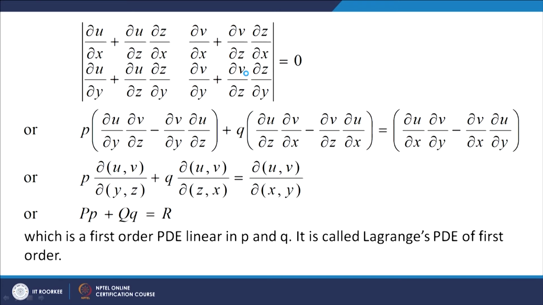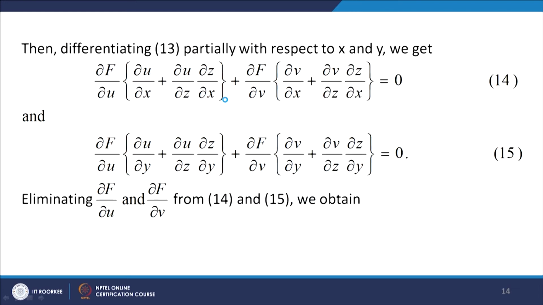This determinant equal to 0, and you can write it in the form of a matrix equation where the coefficient matrix will have the elements a11, a12, a21, a22 multiplied by the column vector f_u, f_v equal to 0. We can write this as a matrix equation like this.